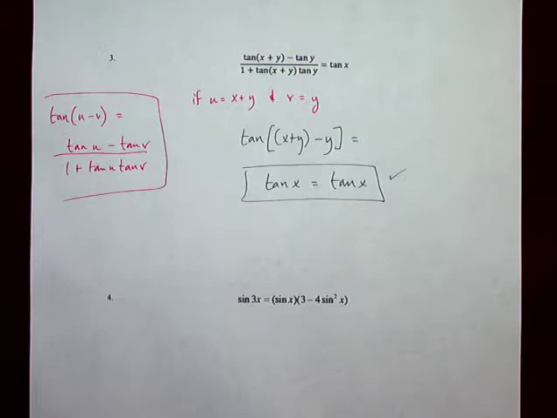X plus y is a binomial, but it can be treated as one quantity, especially when it's in parentheses together in an angle measurement expression.